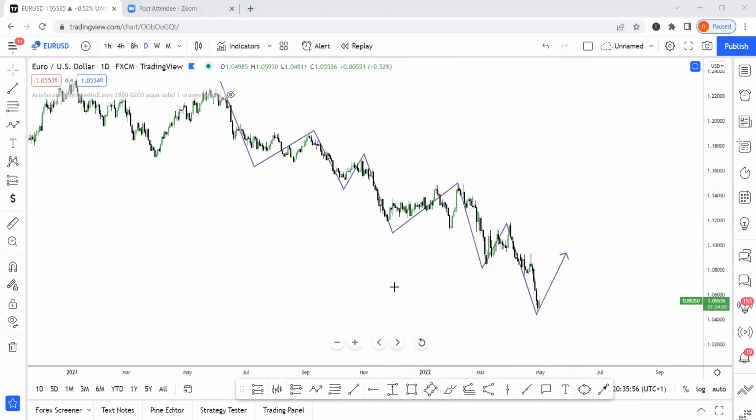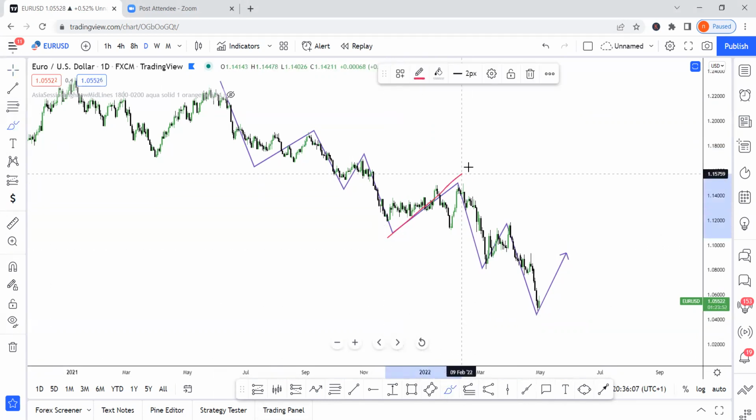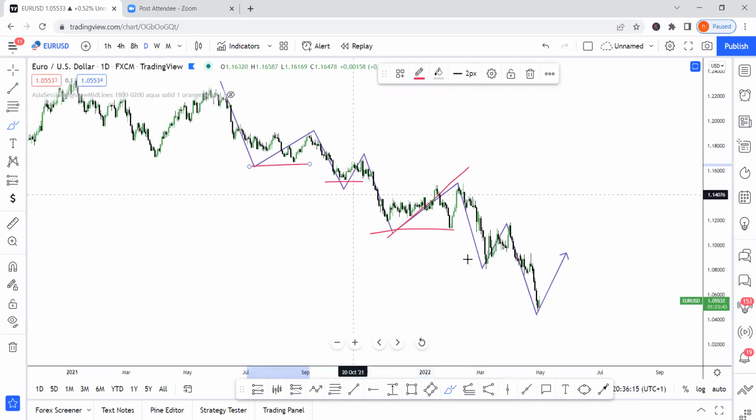After each of the drop downs, when the market wants to rest, what will the market do? The market will pull back. So when the market is pulling back here, it is at support, support, support.